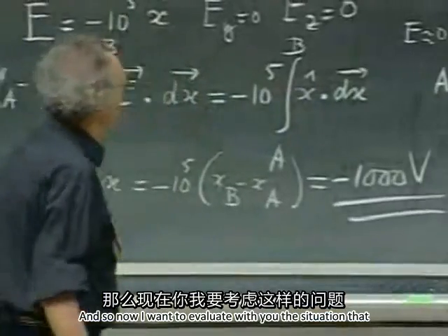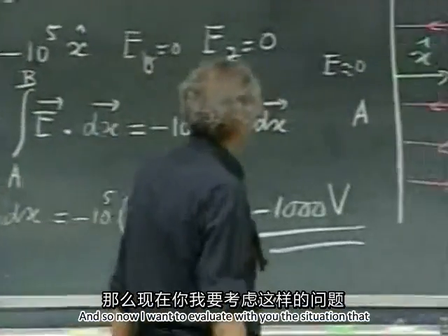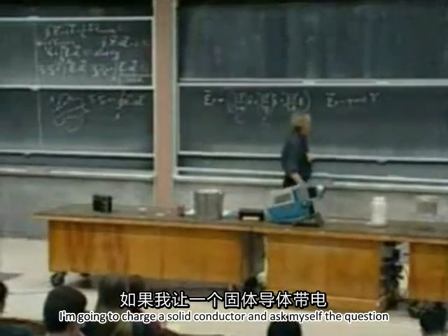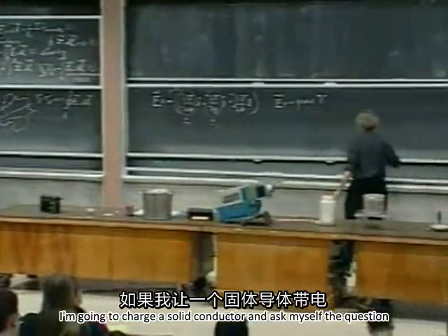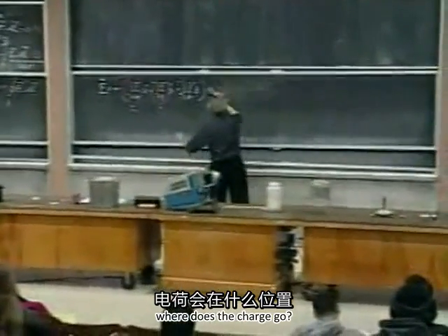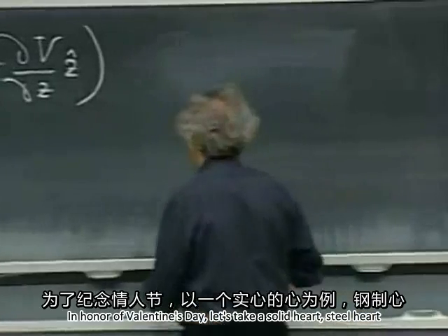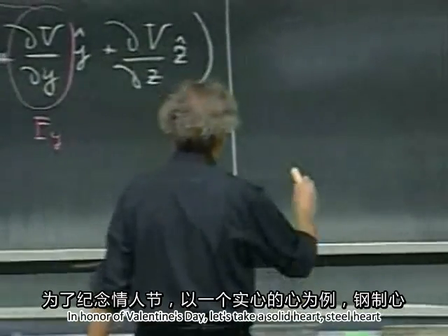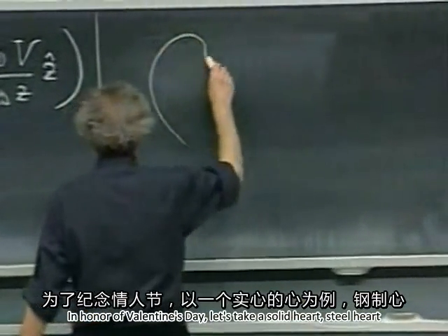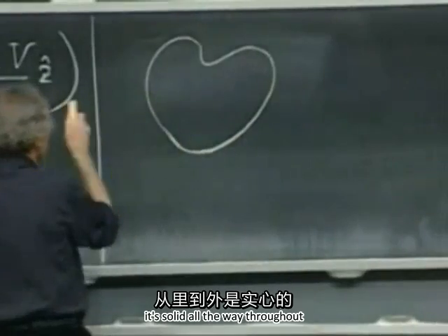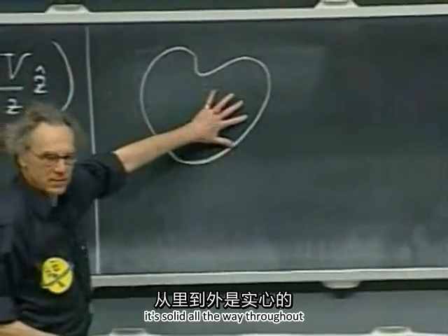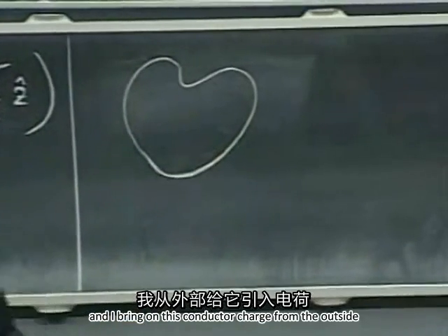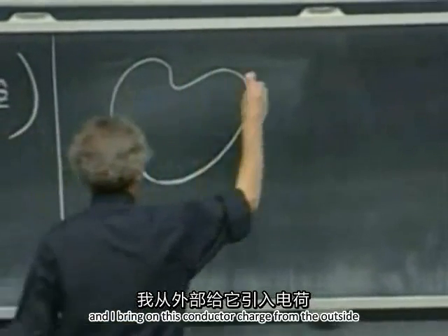And so now I want to evaluate with you the situation that I'm going to charge a solid conductor and ask myself the question, where does the charge go? In honor of Valentine's Day, let's take a solid heart, steel heart. It's solid all the way throughout. So this is a solid conductor, and I bring on this conductor charge from the outside.